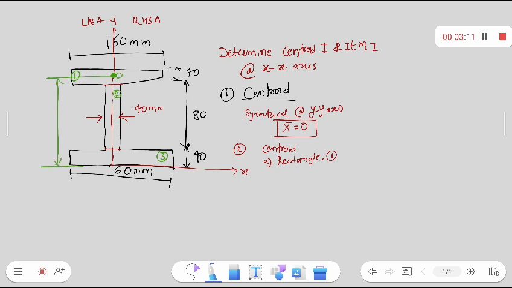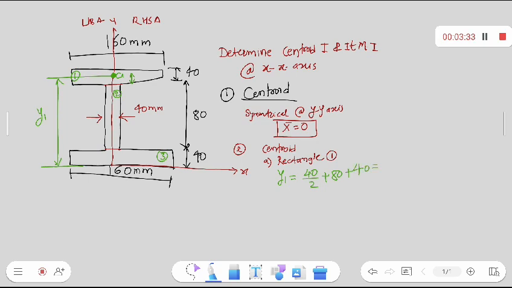This is C1, so this is y1. According to the sketch, y1 is half of 40, 40 by 2, and then you have to add the remaining distance up to the bottom: 40 by 2 plus 80 plus 40.